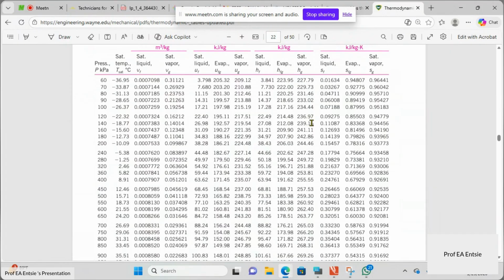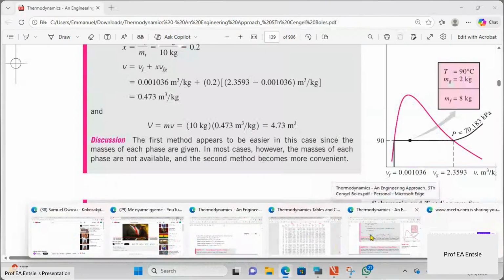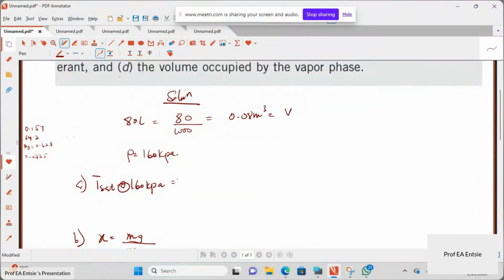Yes, 160. So the Tsat at 160 kilopascal is negative 15.6, and you shouldn't be scared of the negative, because refrigerant has low temperature. That's what it is intended to do: remove heat from the evaporator chamber and move it outside the fridge system. My mechanical engineers will see this in refrigeration and air conditioning in their final years. So I'll have this to be negative 15.6 degrees Celsius. We are done.